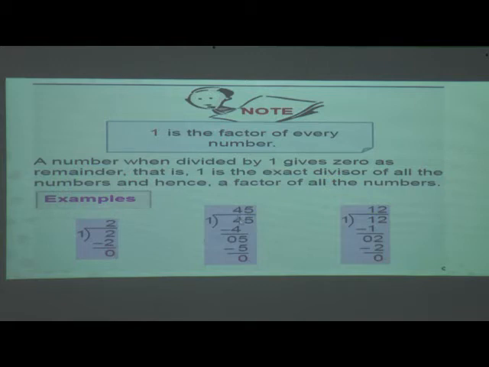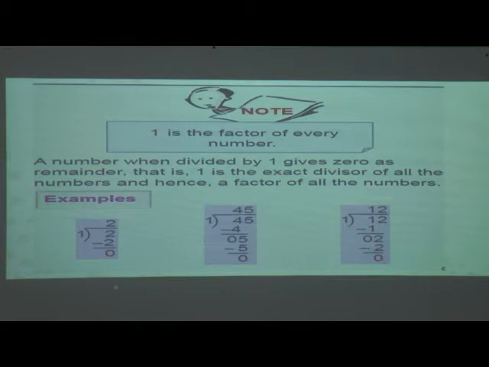Let us take another example. 45 divided by 1, 1 4s are 4, 4 minus 4 is 0. Take the next number down, it is 5, 1 5s are 5, 5 minus 5 is 0. So, 1 is an exact divisor of 45. Then 12, 1 1s are 1. Let us take the next number down, 1 2s are 2, 2 minus 2 is 0.